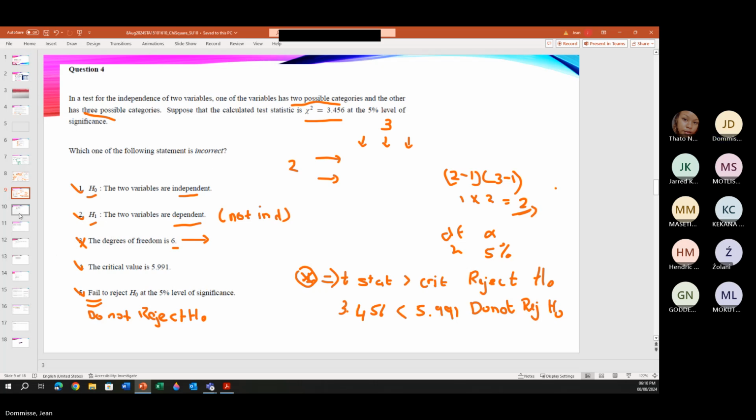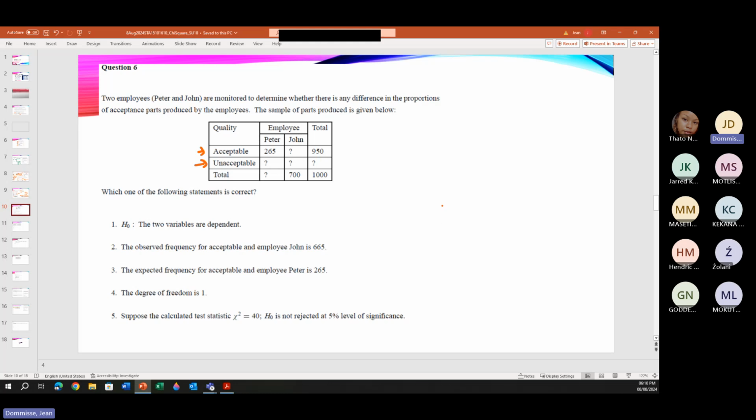Okay, let's look at another question like this. Here they give us a table with some of the information. We will be able to get all the information as we complete it. But first, we need to find the correct one. Before we start with anything, let's look at degrees of freedom.